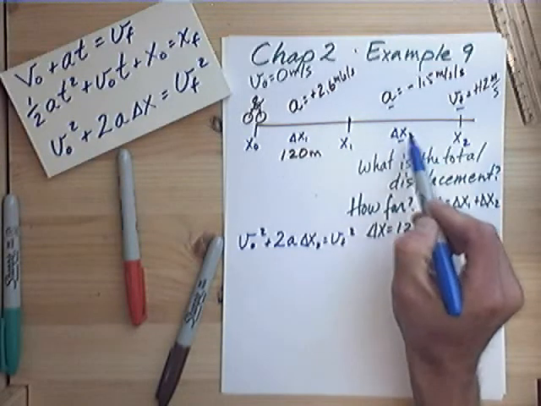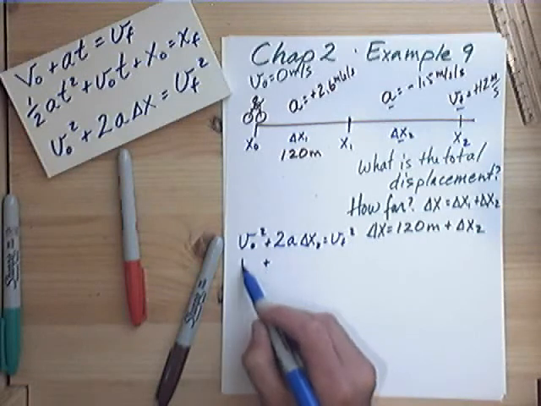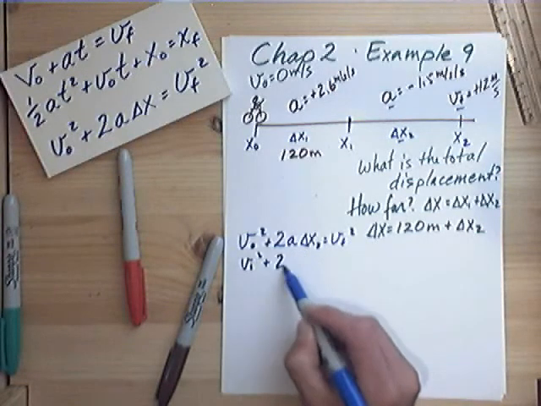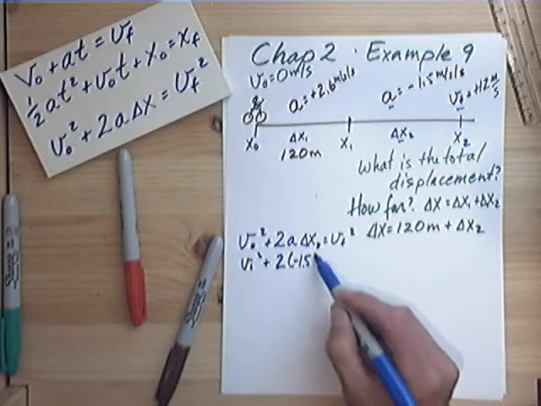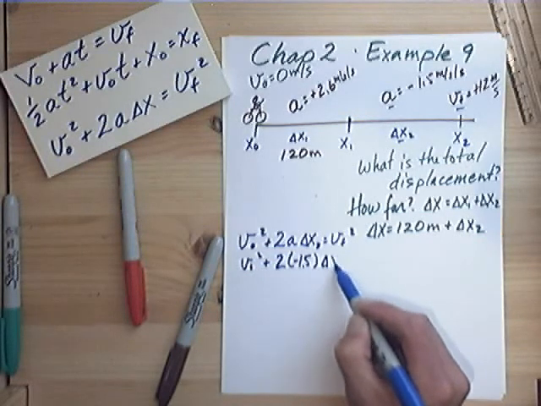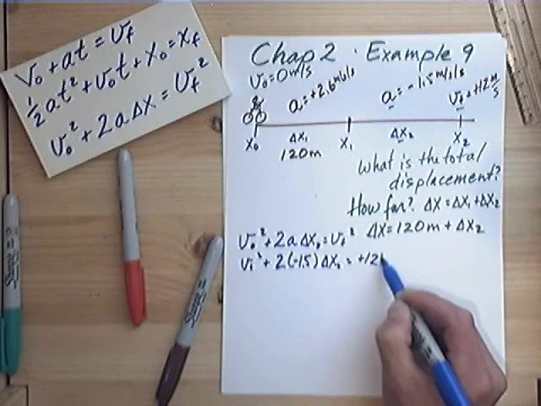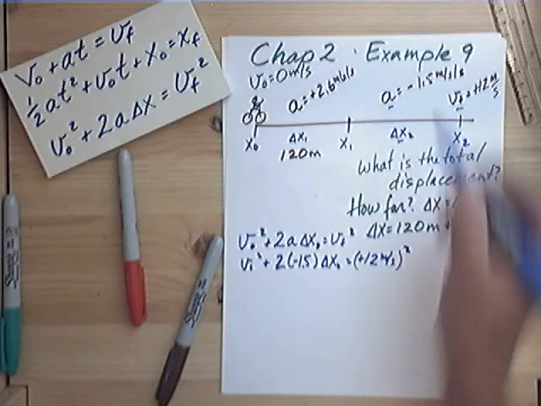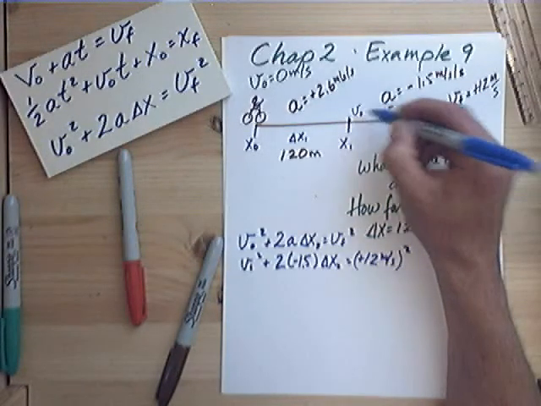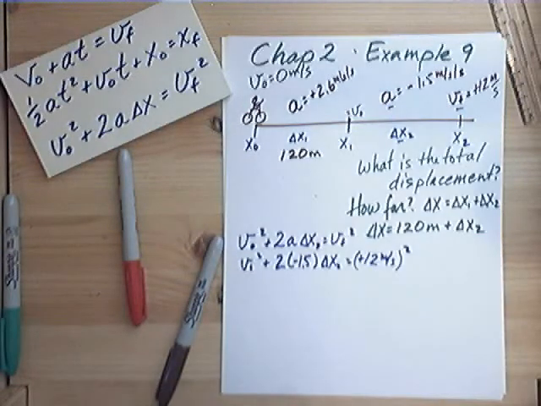I'm only talking about delta x2 here, so I don't know what that is. What's my acceleration? Negative 1.5. I'm trying to find out what my delta x2 is. My final velocity is 12 meters per second. That's got to be squared. I don't know what my v initial here is, but I do believe that it's my v final on this side.